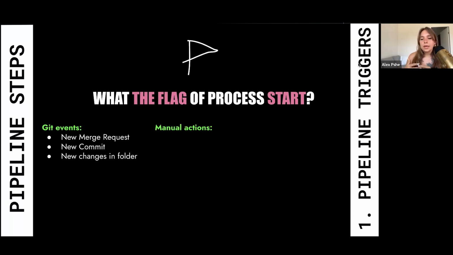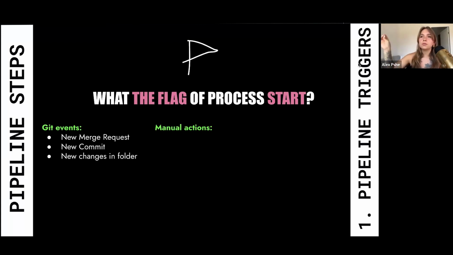Then you have manual actions, and I would prefer to use them only if really required. For example, sometimes you have a main responsible QA for the day who is checking all merge requests, and he can set up manually that this is fine, we allow this pipeline to go further.